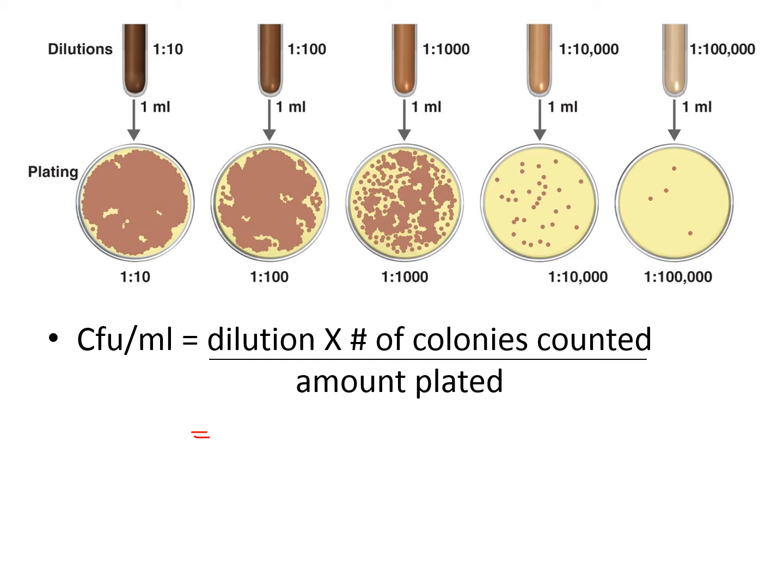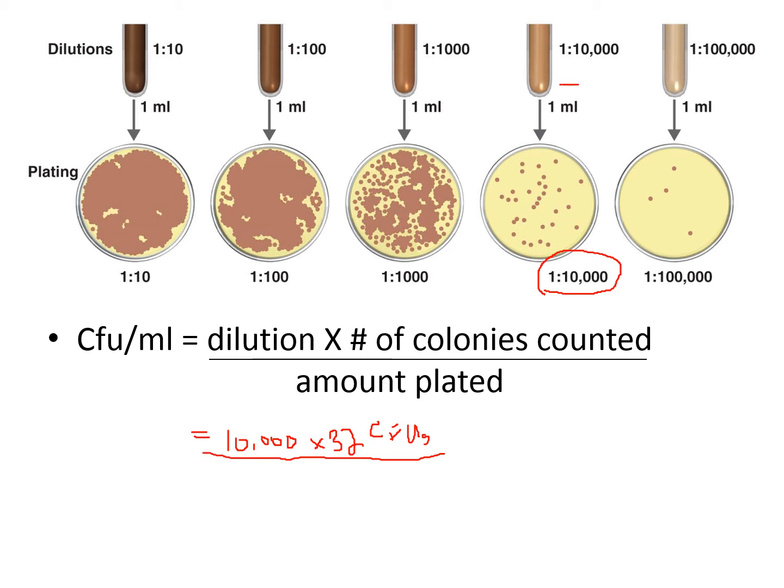In this example, our dilution was a 1 to 10,000, so our dilution factor is actually 10,000. We're going to multiply that by the number of CFUs, and remember from the last slide, that was 32. We counted 32 CFUs on this plate. We're going to put that over how big our specimen was that we plated onto the plate.